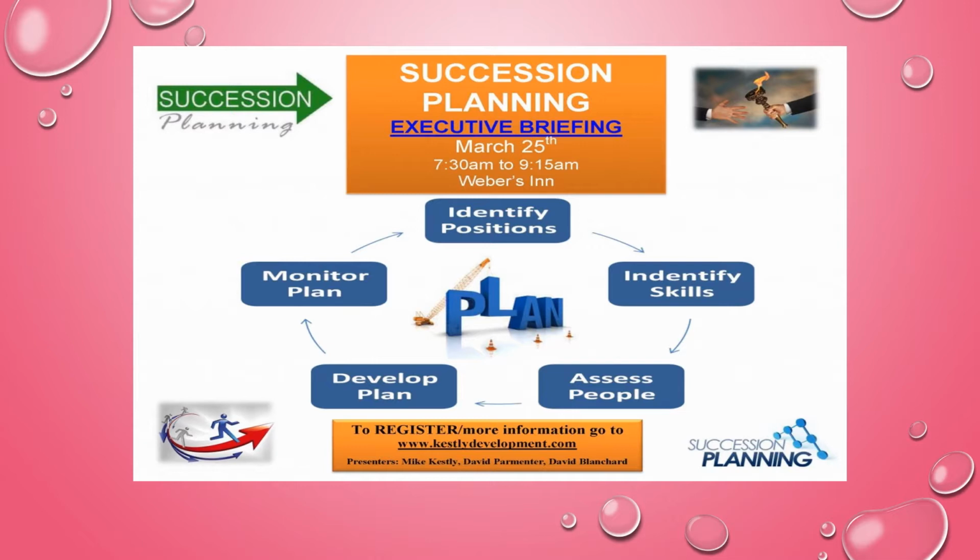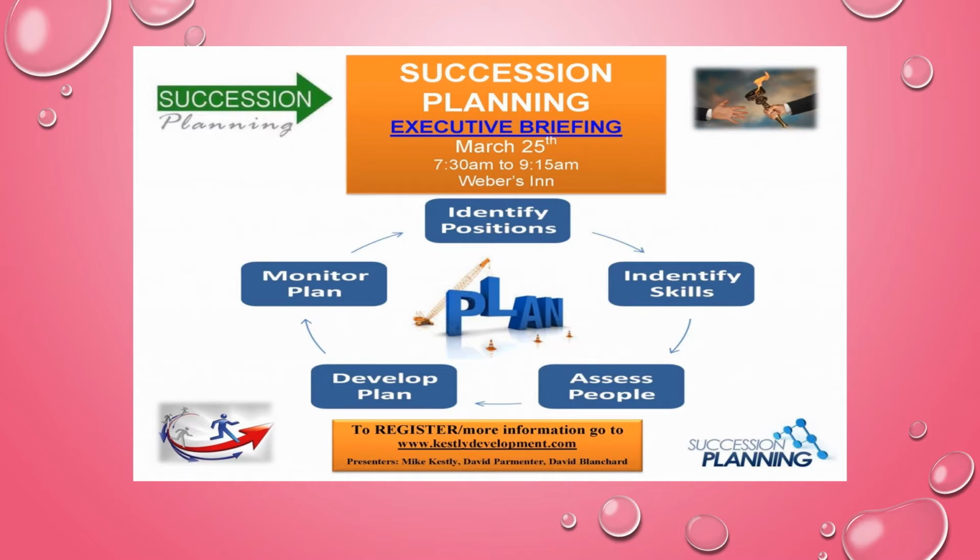Okay, so in summation, in succession planning, you have to identify critical positions within an organization. You have to identify the skills needed to fill critical positions. You assess the employees to determine what skill level or skill set they have and to determine their deficits.